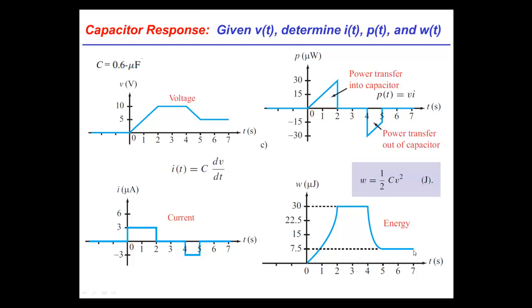Which also makes sense by just looking at the power, right? Because we know that energy is essentially the total amount of power that's been transferred over some span of time. Power in this case is being transferred into the capacitor, so as that happens, the energy builds. Then as soon as there's no more power going in or out, in other words this is zero, the energy stops and it's at a fixed amount in that capacitor.